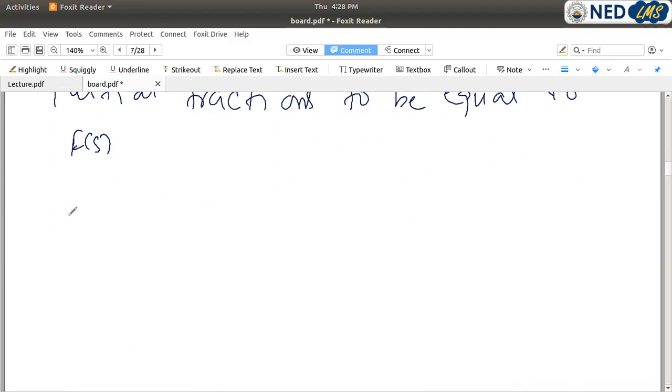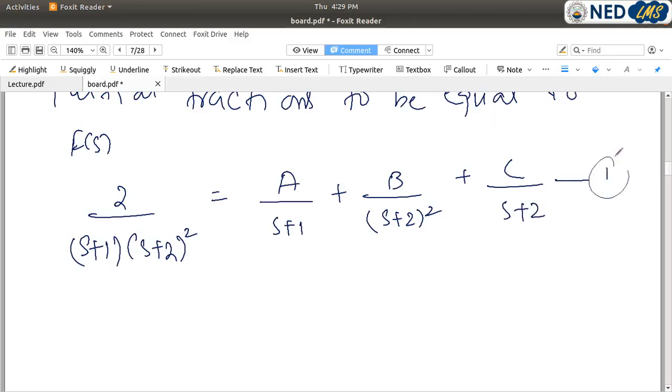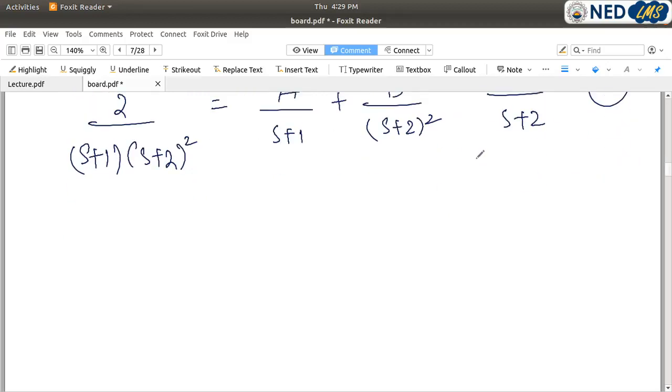So equating the factors with the function, 2 over s plus 1 into s plus 2 whole square is equal to A over s plus 1 plus B over s plus 2 whole square plus C over s plus 2. This will be our equation 1.